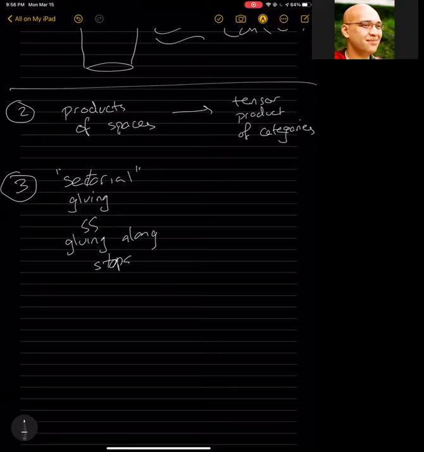Arnav says that in effect, I'm quotienting by the triangulated subcategory closed under summands generated by those objects. Okay, sounds good. So sectorial gluing, in other words gluing along stops, becomes a pushout.